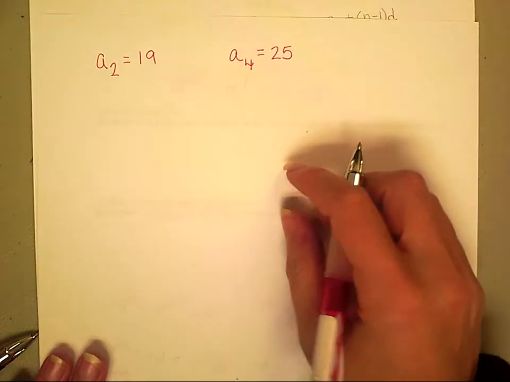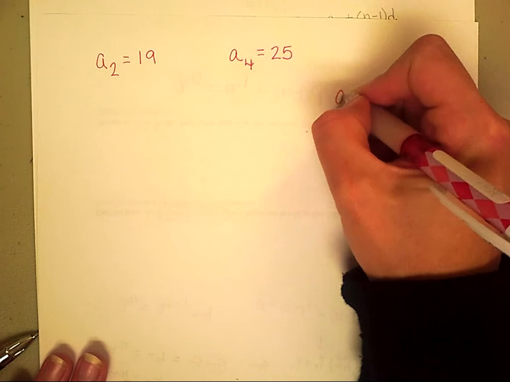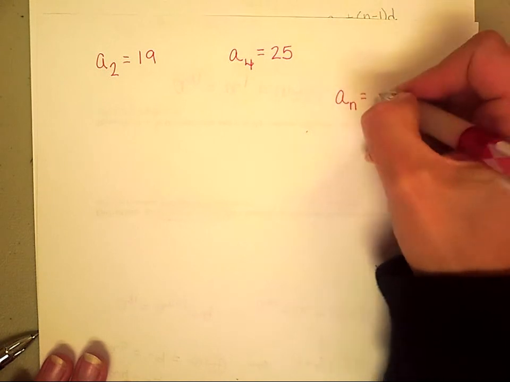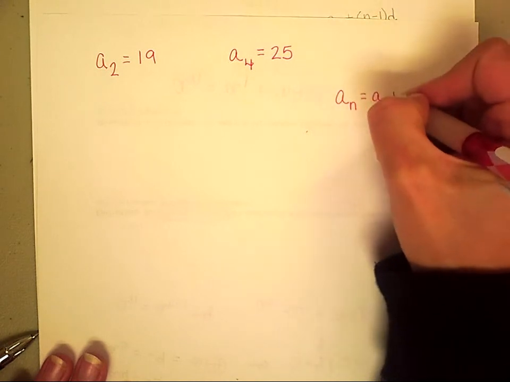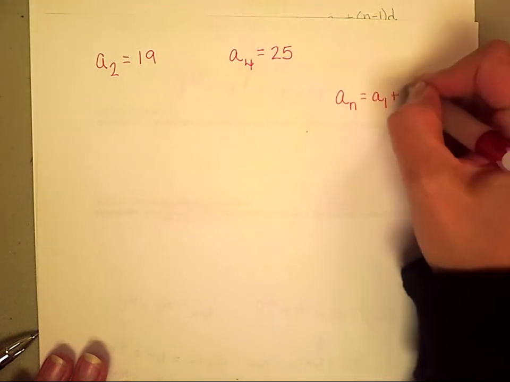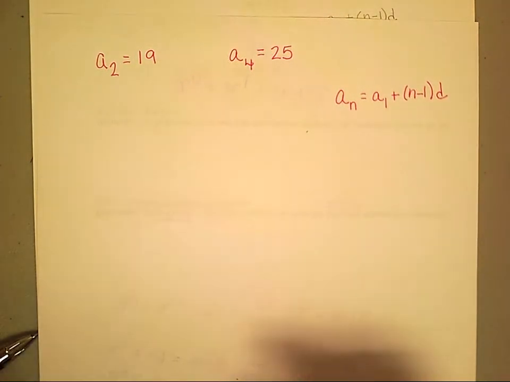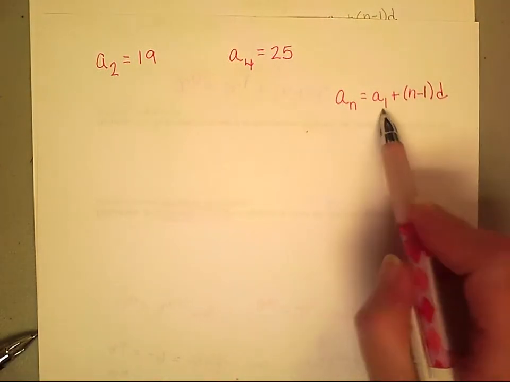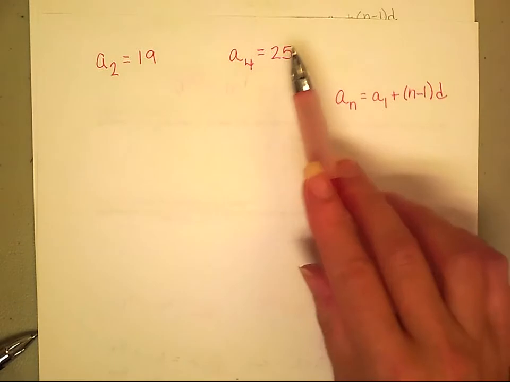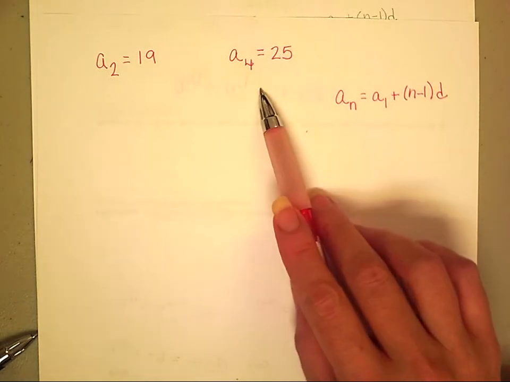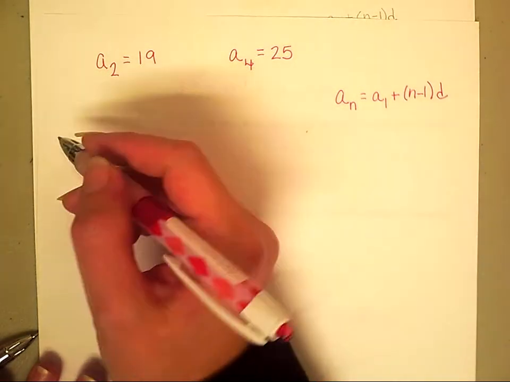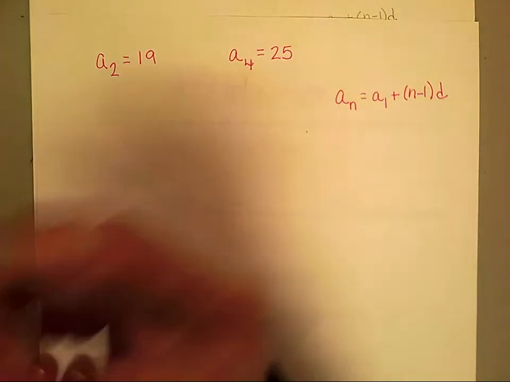Now I have to keep in mind that a sub n is equal to the first term, which I don't know, plus n minus 1 times the common difference. So really, if I find the first term and the common difference, I can generate this entire sequence.